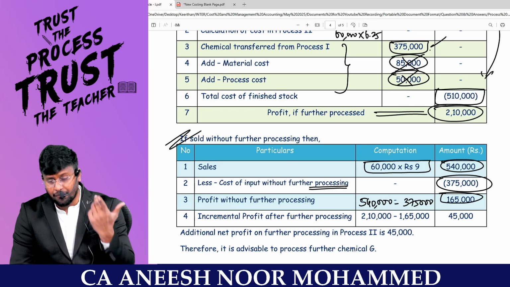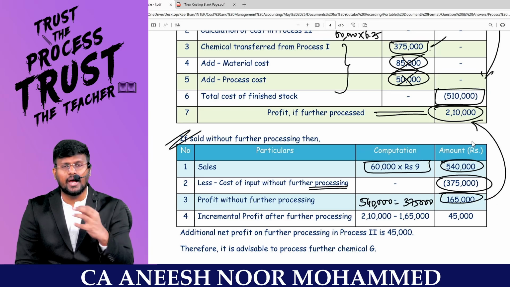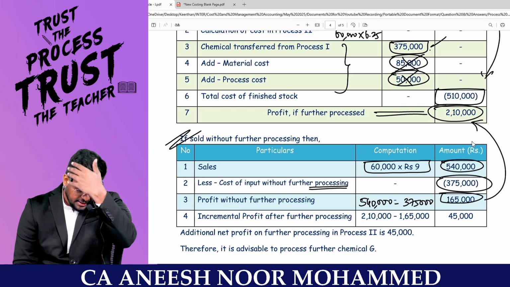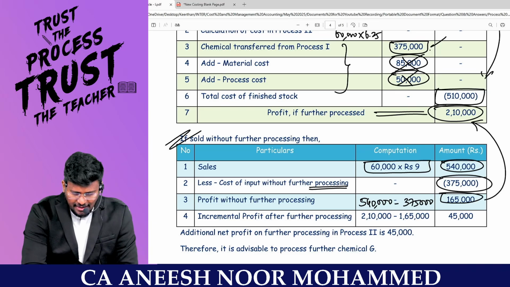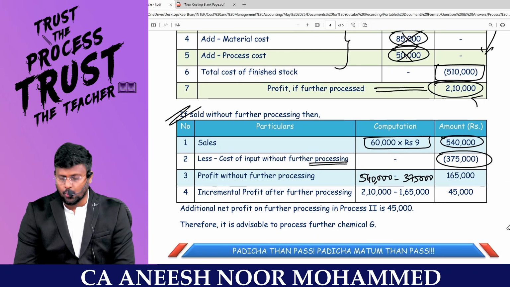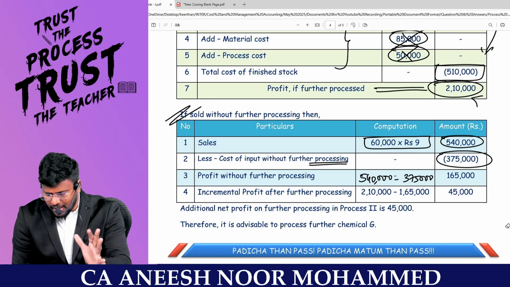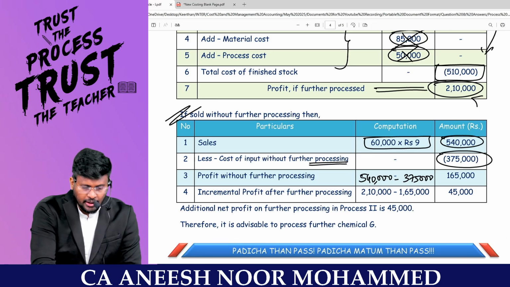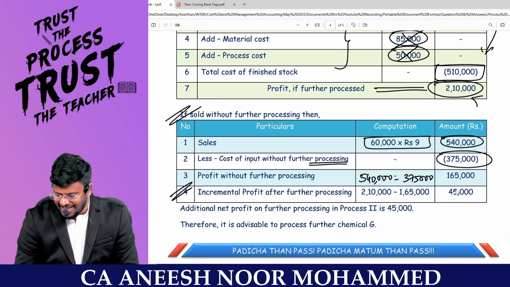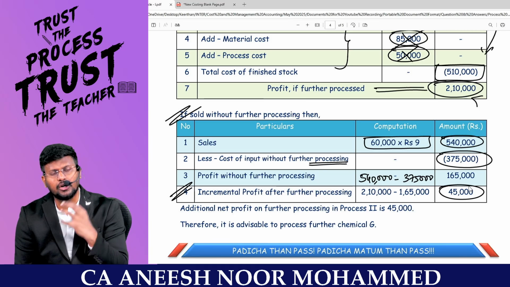That means if I am further processing, I can enjoy 2,10,000, whereas if I am selling after completion of process number 1 itself, I will be able to get only 1,65,000. So if I am further processing, I am having an incremental profit of 45,000.